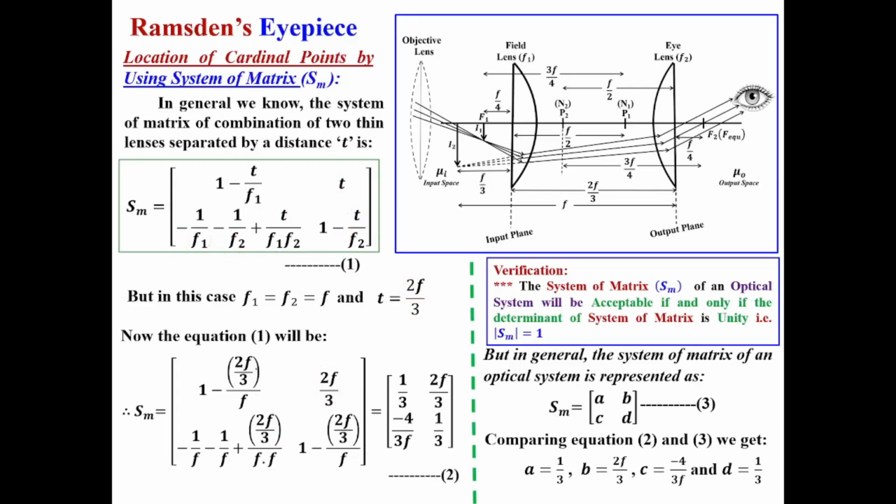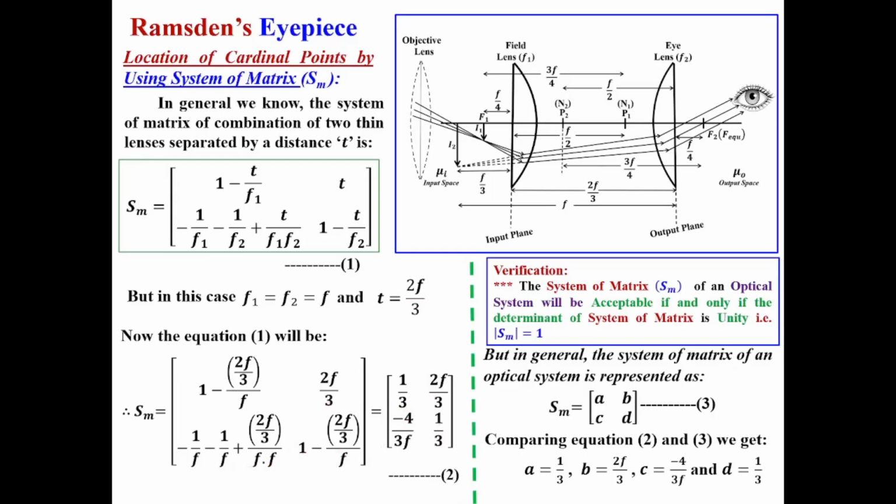You just simplify, you can find this value is nothing but 1 by 3. Here f got cancelled, then 1 minus 2 by 3 is nothing but 3 minus 2 by 3, which is 1 by 3, and this is your 2f by 3. You just simplify this one, you can find this value minus 4 by 3f, and this value will be 1 by 3. Let this be your equation number 2.